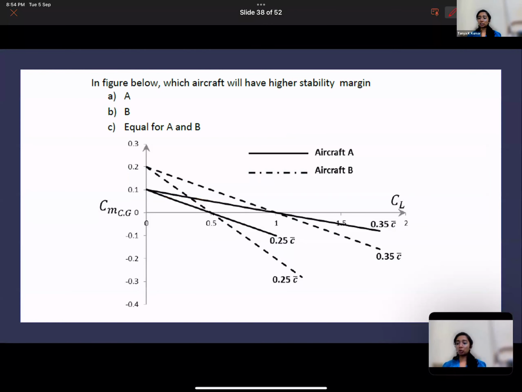In the figure below, which aircraft will have higher stability margin? Stability margin, static margin? Just look at the graphs and tell me which one will be more stable.